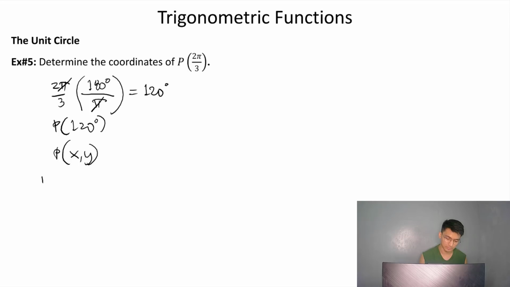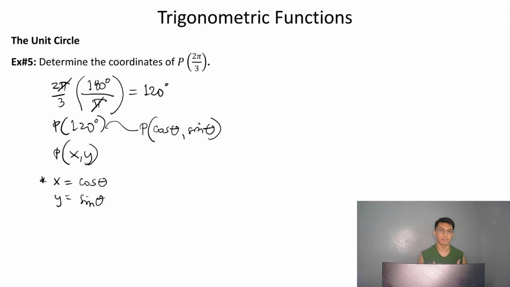So, yung x na yan, ang value niyan ay yung cosine theta, yung angle. And yung y natin is the sine theta. So, if we are rewriting, this is now P of cosine theta, comma, sine theta.